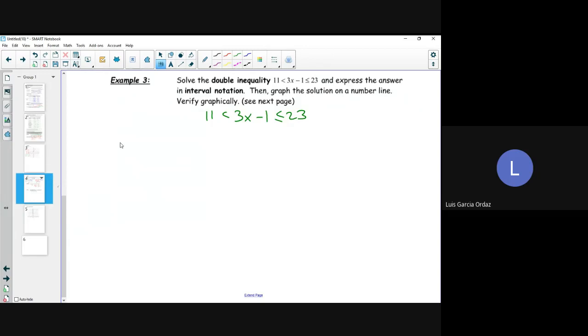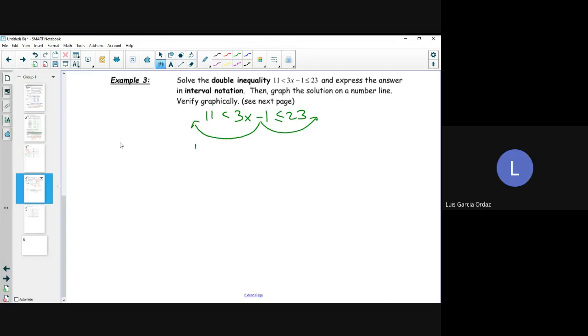So to leave 3x by itself, what do we have to do with that negative 1? I showed you guys what to do on the first page of the lesson, what we do when there's a double inequality. We're going to distribute it to both sides. So the negative 1 is going to come over to the right side, but it's also going to go over to the left side. Okay?